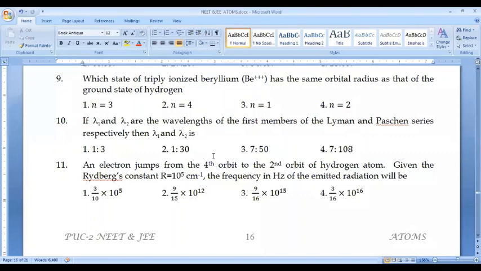Now we'll go for question number 10. So in the given 9th question, second option correct, n is equal to 4. Now 10th question.